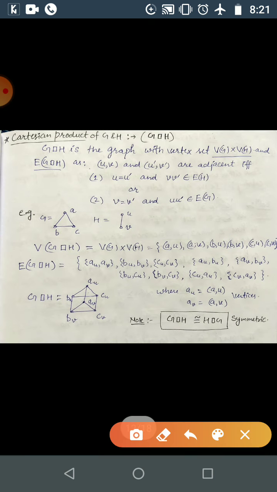Okay, so here I have just discussed the vertex set. This is the Cartesian product, or you can just say cross product, of these vertex sets, and the edge set is defined as this one.